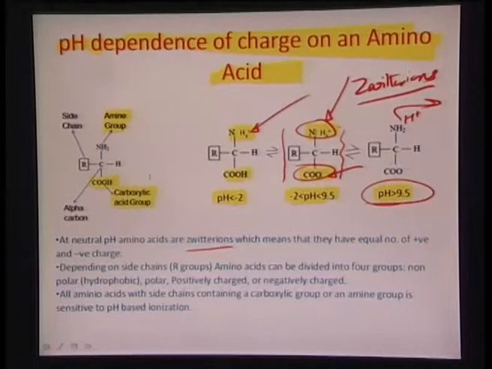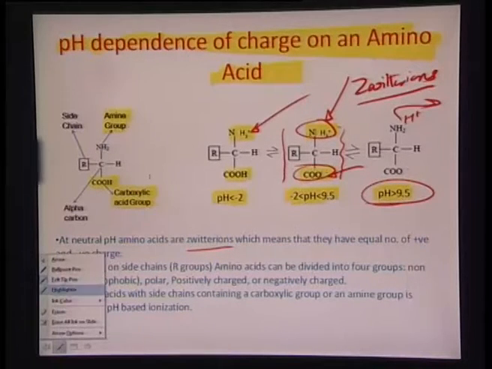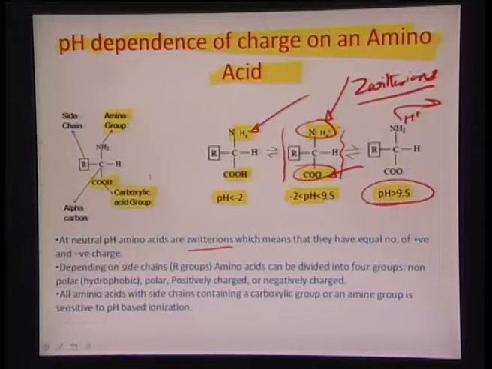So, here again, as you see, the overall charge of the amino acid becomes negative. The charged state of an amino acid really depends on the pH. If it is very highly acidic, you have a positive charge on the amino acid. If it is in a certain range where there are equal amounts of positive and negative charges, the amino acid behaves as a Zwitter ion. And if the pH goes from there to more basic, there is a tendency for deprotonation to happen again, and then you have a negative charge on the amino acid.